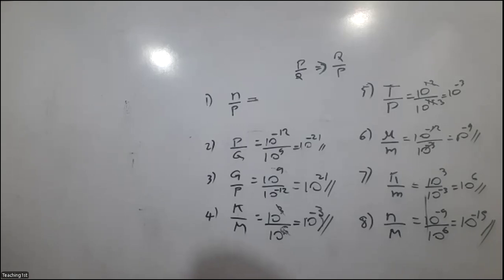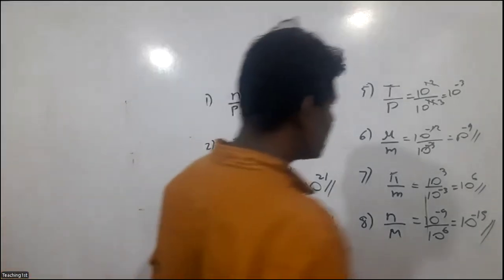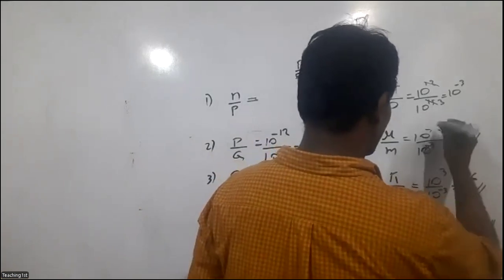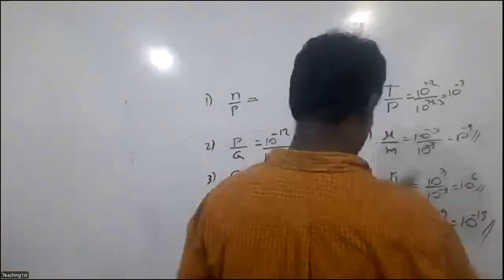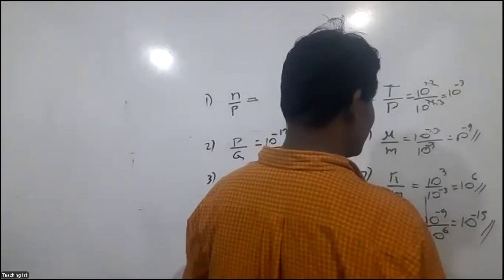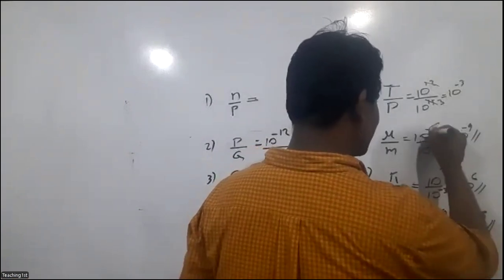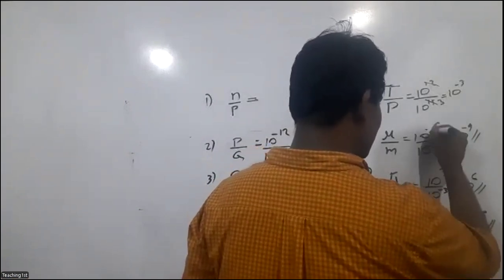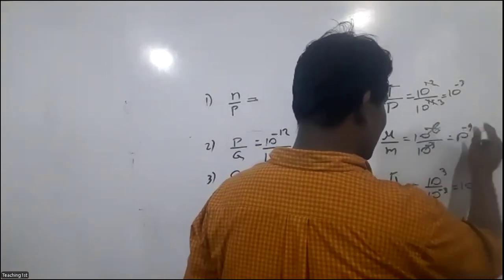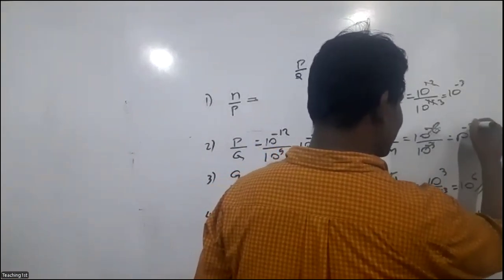The sixth one, sir. Sixth question. Micro. Oh, it is 10 to the power minus 6. It is minus 6. So only minus 3 is going to remain.